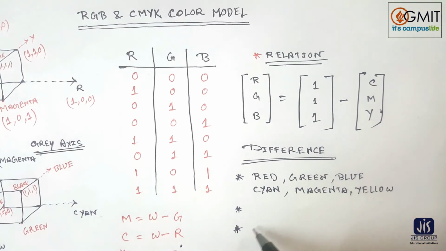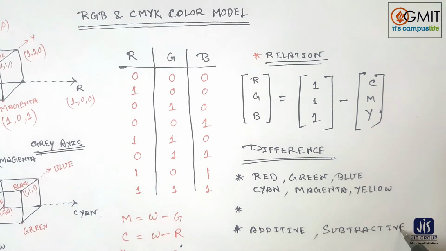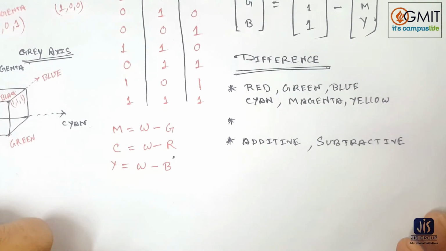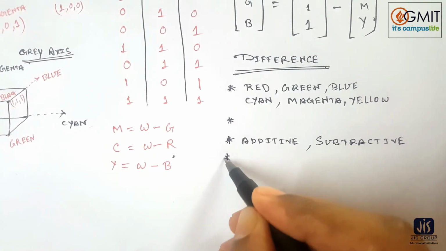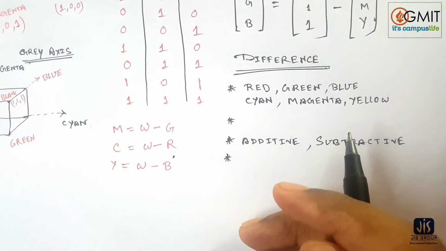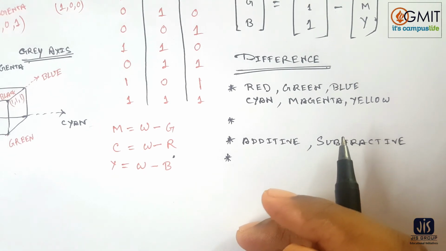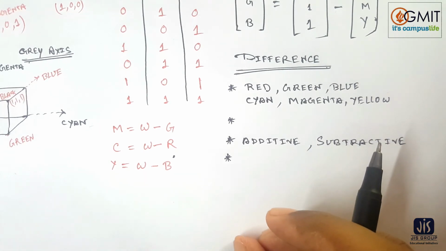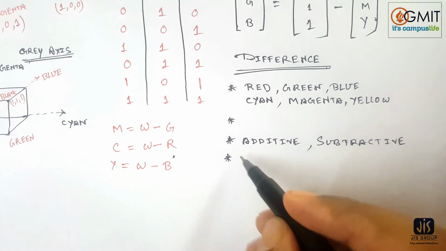Number 3, RGB is an additive color model, whereas CMYK is a subtractive color model. Next, when we add red, green, blue together, we get white.